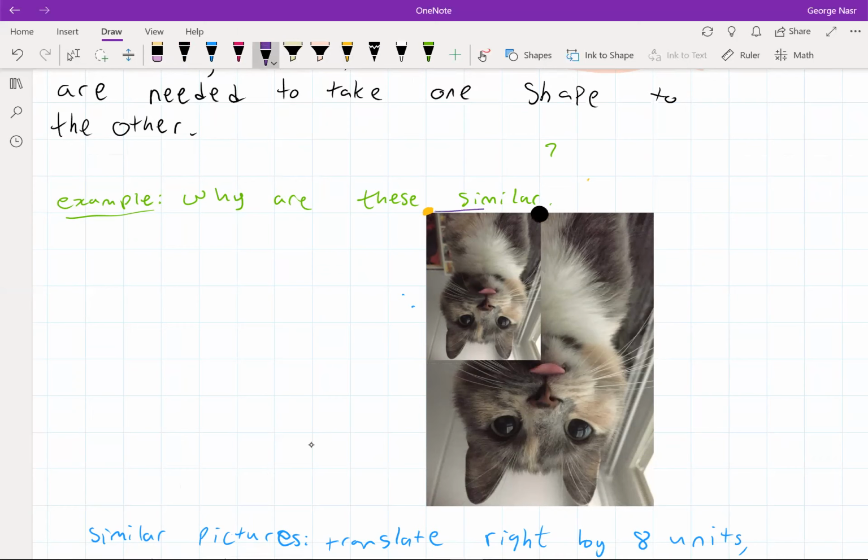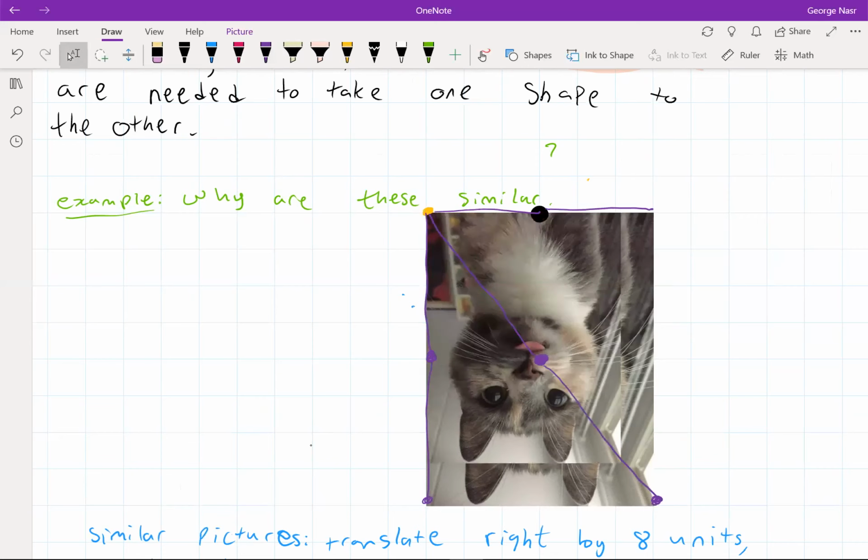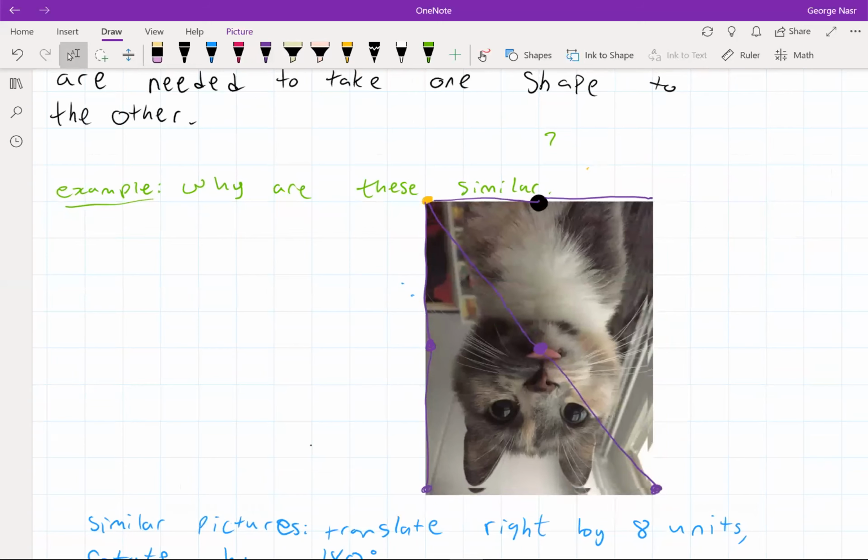It goes from here, and then I double it, and so that gets sent there. The distance to this point doubles, so it goes from there to there. And then likewise with the height, we double it and it gets sent to there. And so the point is that the picture gets stretched until it lands right on top of the other picture.